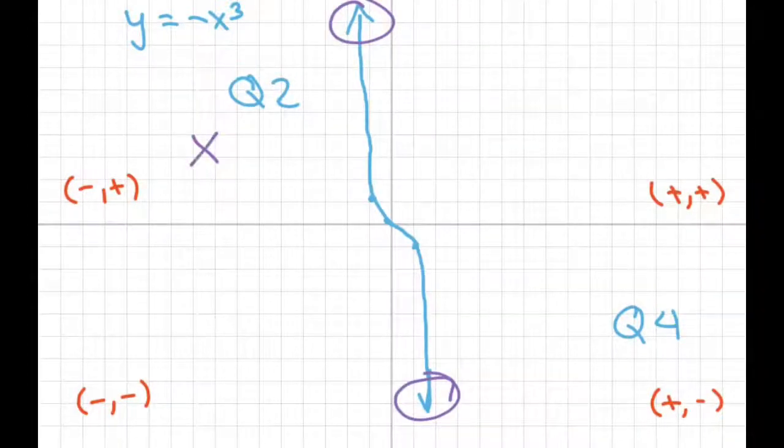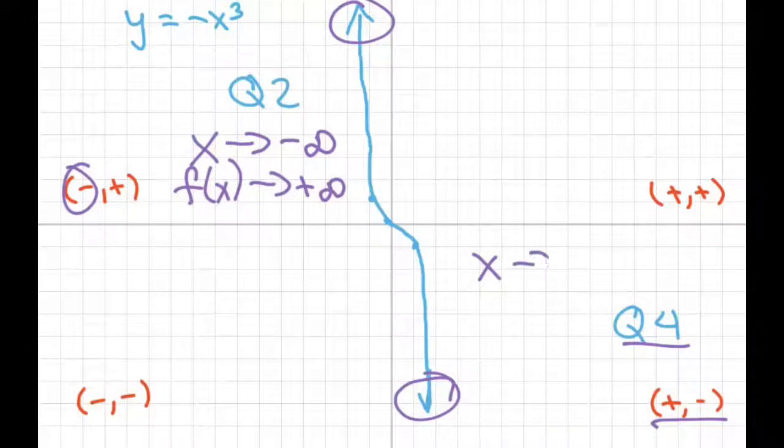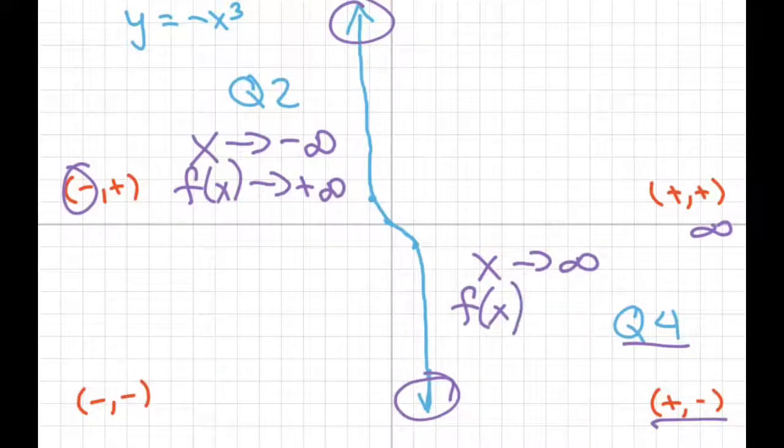So as x tends to negative infinity, our y tends to positive infinity. In this one, we're in quadrant 4, so you write this part. As x gets larger and larger, goes to infinity here, our f of x gets smaller and smaller.